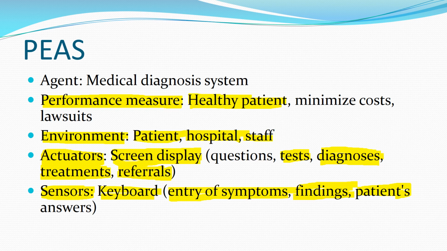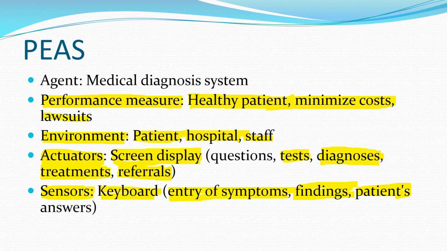Obviously, the patient should be healthy. That is the motto of the medical diagnosis system. The next performance measure can be to minimize the cost, because it should be economical for everyone. So minimizing cost is a very important performance measure nowadays.